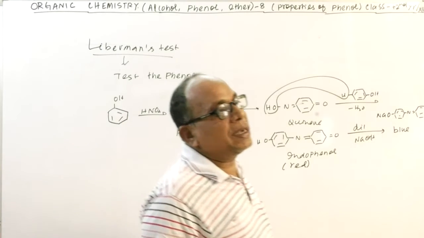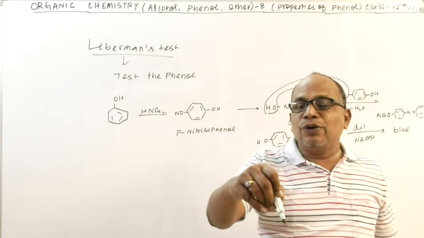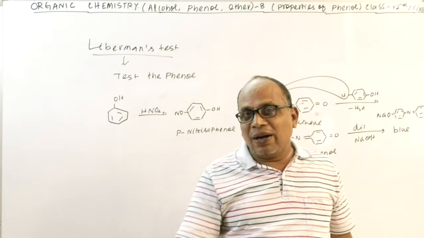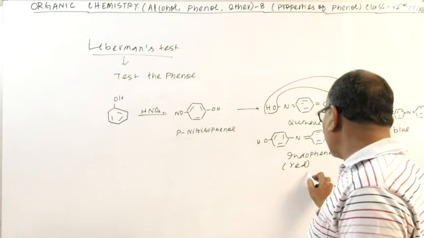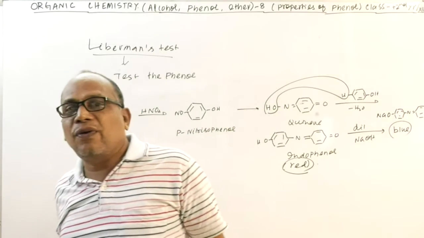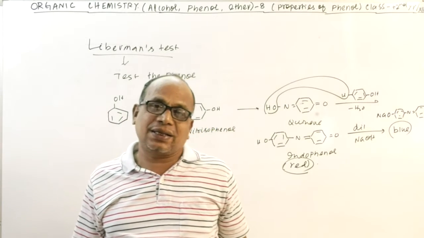So this is called the Liebermann test. That is, the phenol treated with nitrous acid automatically rearranges and gives indophenol, a red color, and the red color changes to blue when a drop of NaOH is added. This is called the Liebermann test.